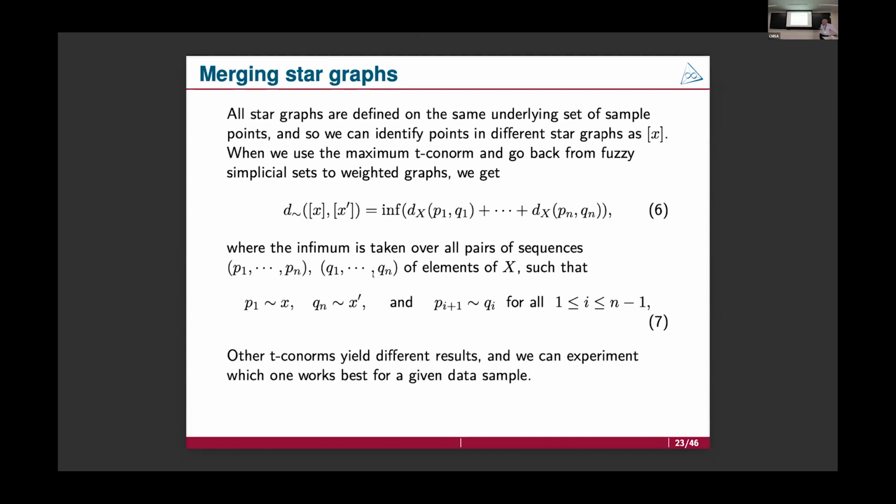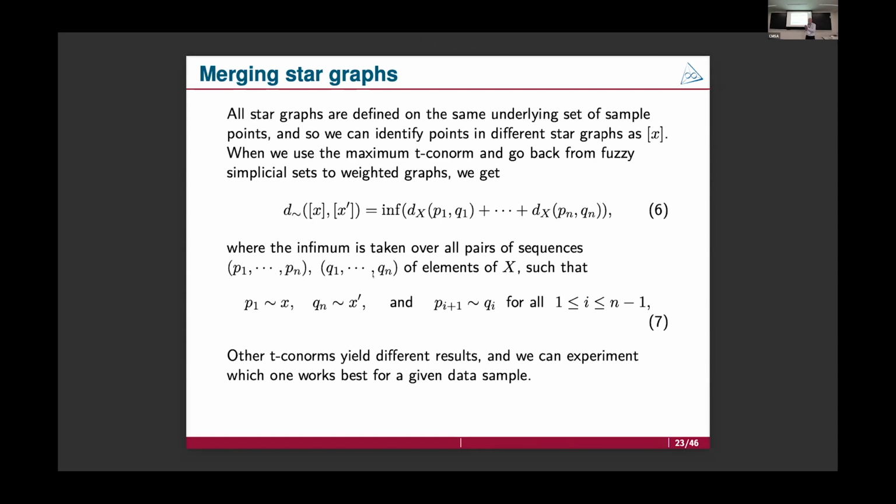So, as I already said, other T-conorms yield different results, and we can experiment which one works best for a given data set. So again, according to some questions, there are some free parameters there in the scheme, even though category theory is meant to make everything completely canonical. That is not really the case here.